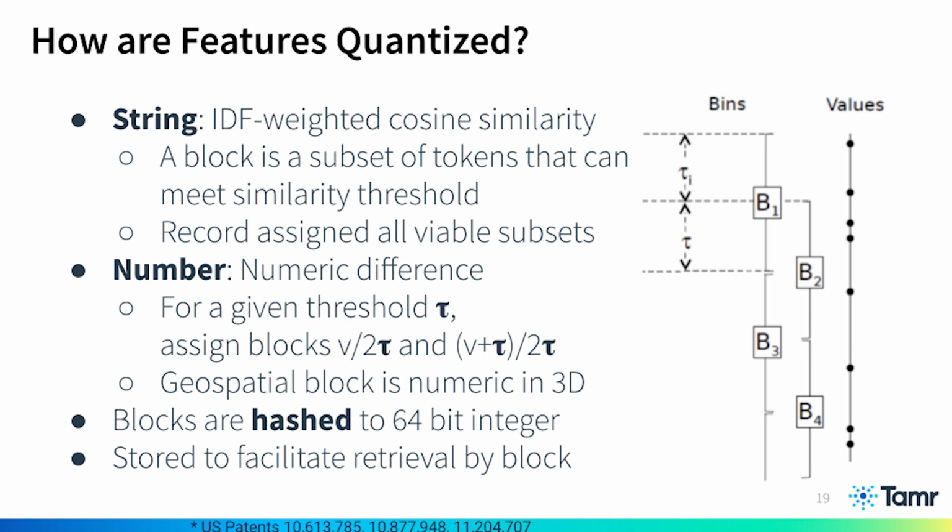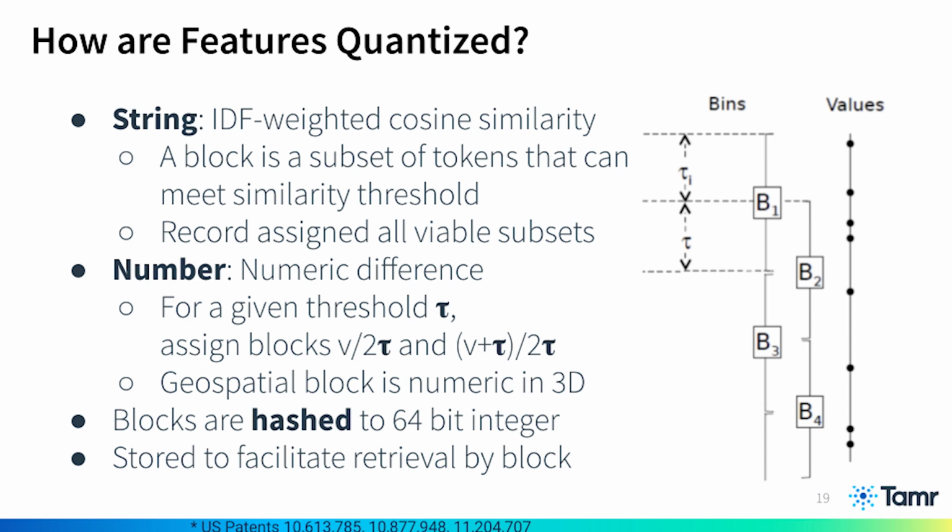For a numeric feature, we know that when we perform similarity, we're going to use numeric difference, and we're given a threshold for similarity. Values need to be within a threshold to be meaningfully comparable. So we create blocks that are twice the width of that threshold and overlapping by that threshold, and assign blocks the value divided by 2 tau, and the value plus tau over 2 tau.